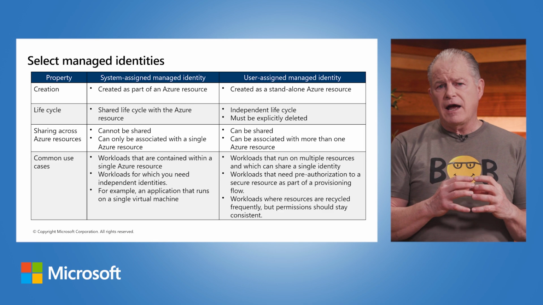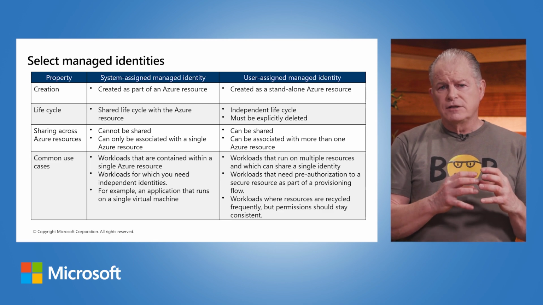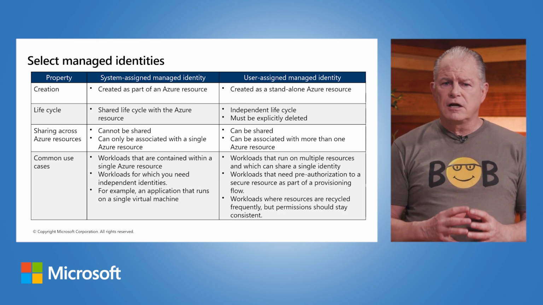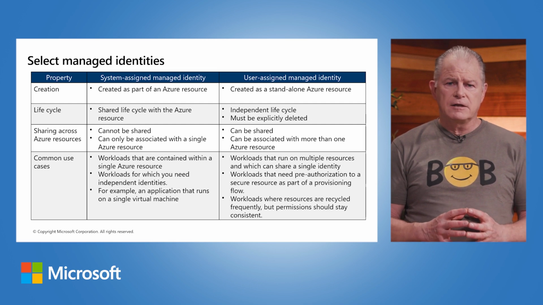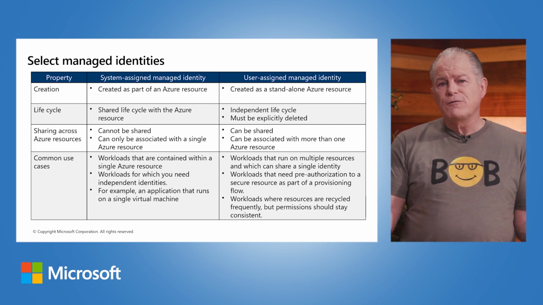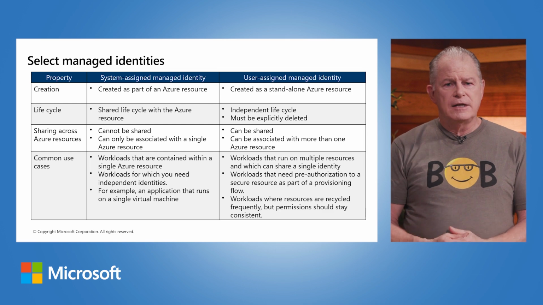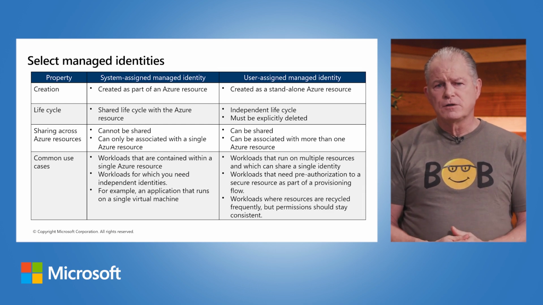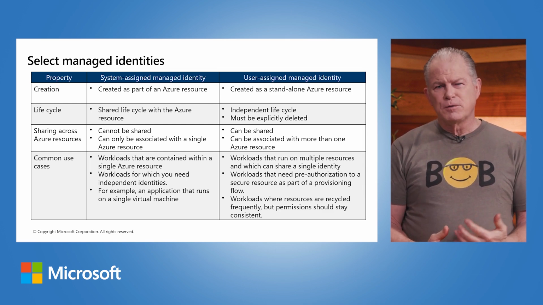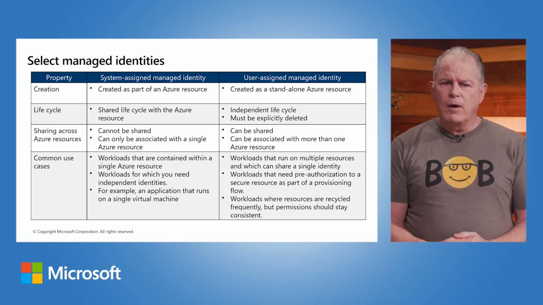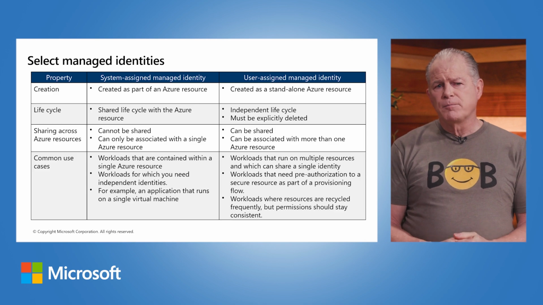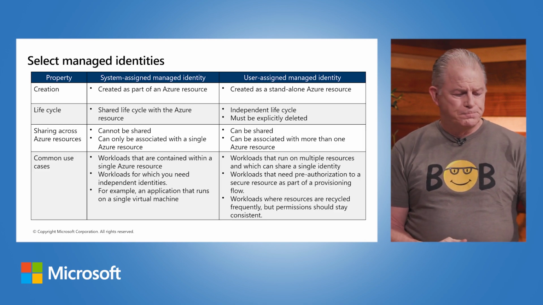So this way I can have a managed identity that is user assigned, and it doesn't share the lifecycle. They're managed independently from each other. Or maybe I have two different services that I want to share that identity across. So there's a number of other features that talk about the differences between them, but that's really the big one. And where possible, the system-assigned managed identity is probably the preferred one to take a look at.